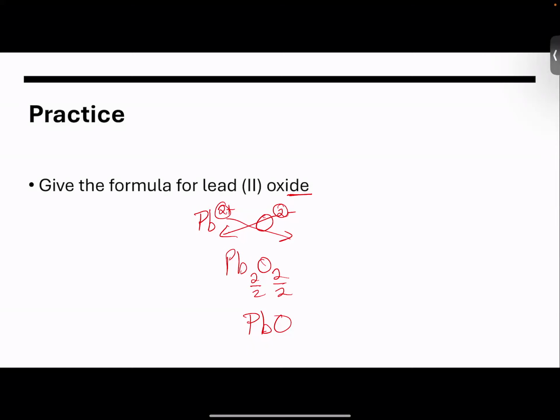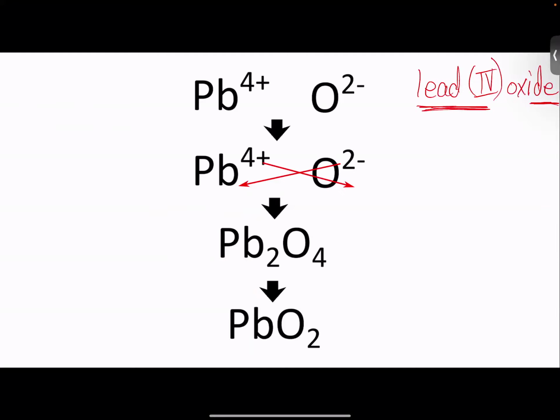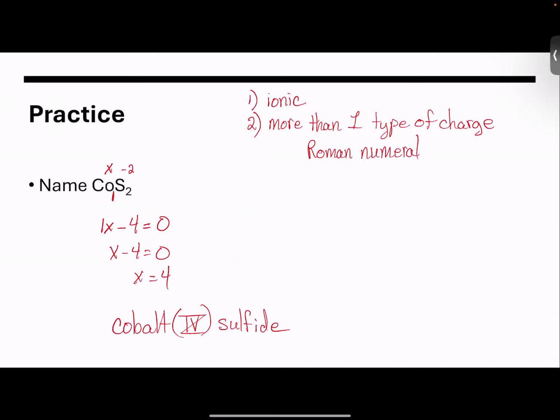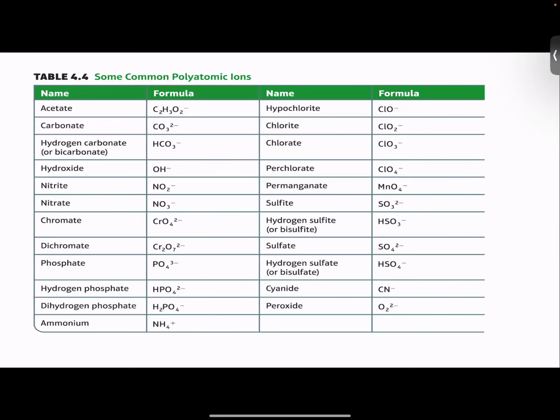You must be able to basically look at the periodic table, because that's all you're going to be given, and know those. And you need to start memorizing that list of polyatomic ions. You're expected to know those.